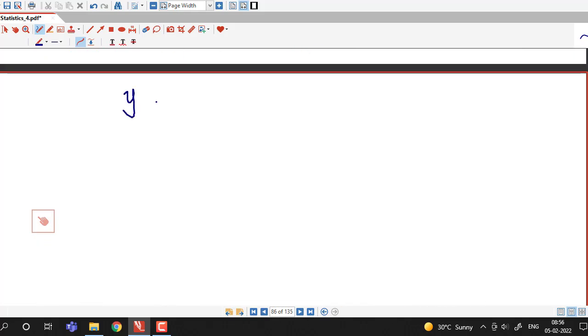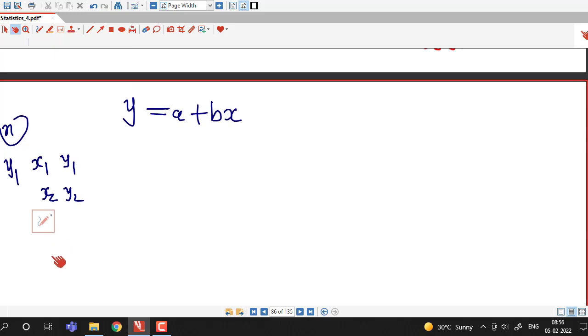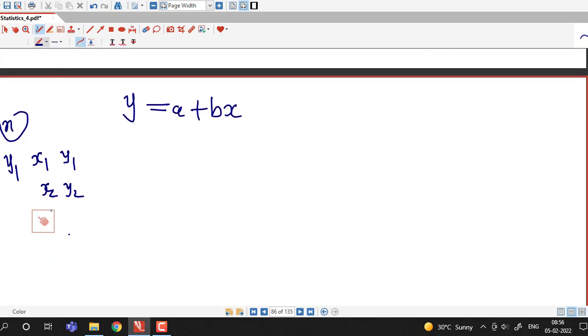We have the line y equal to a plus bx and we have n points. We have these n pairs x1, y1, x2, y2 and so on, xn, yn. Suppose the sum of these x values is denoted by sigma x, the sum of y values is denoted by sigma y.